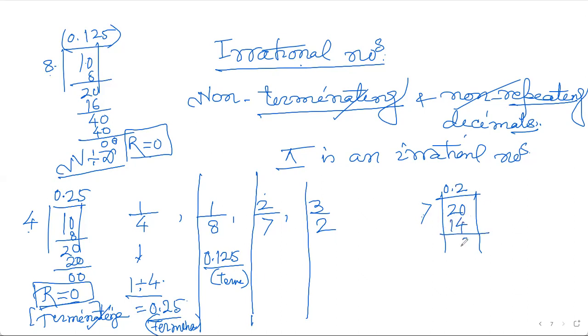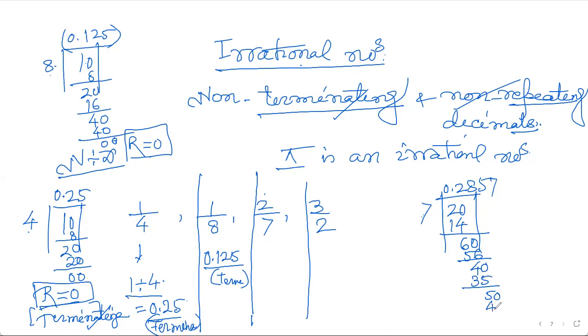Take the remainder 6. Put a 0 and keep on continuing the process. 7 eights are 56. 7 fives are 35. Your table must be strong, because division is tougher than multiplication. 7 sevens are 49.